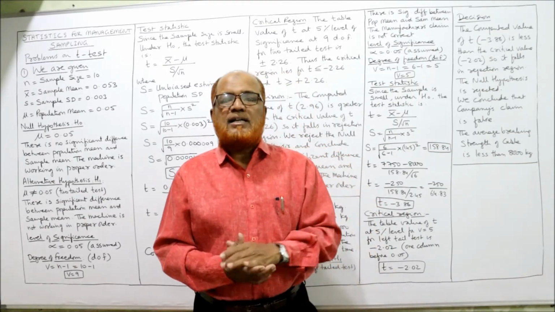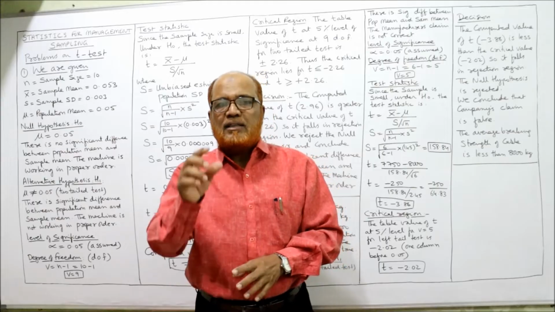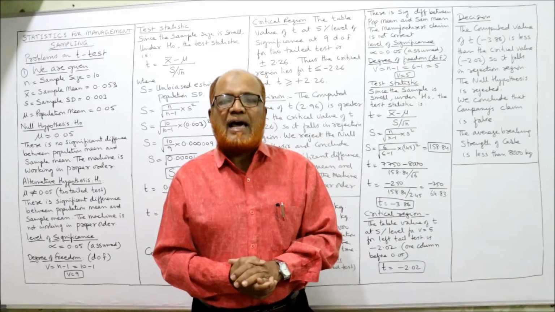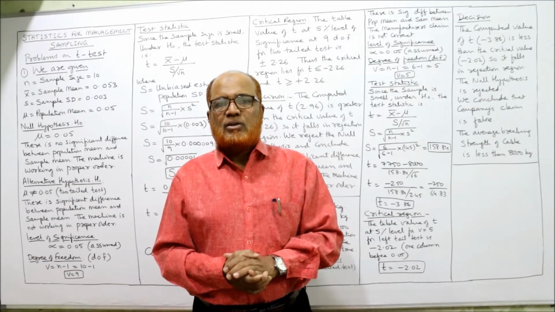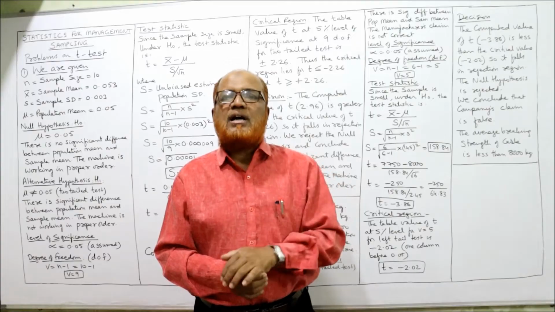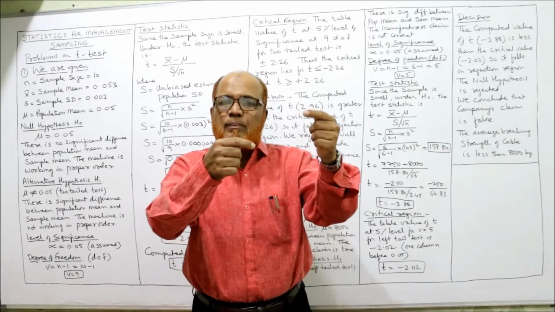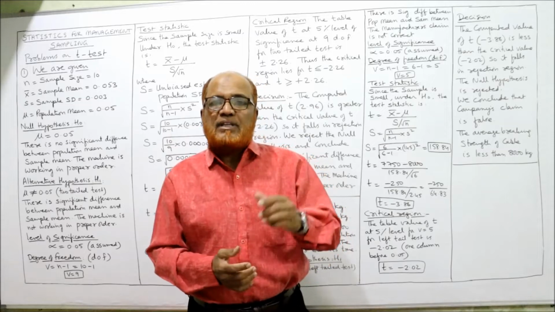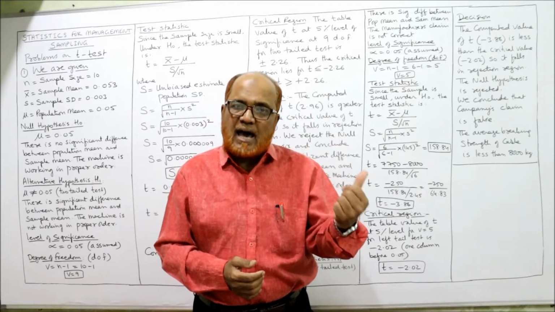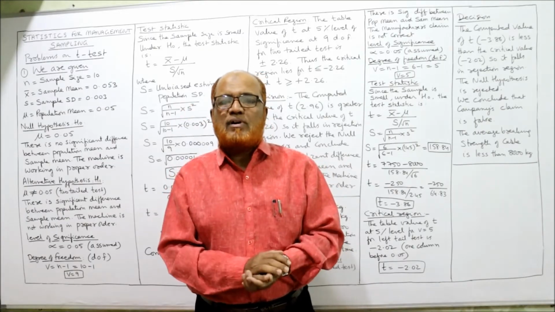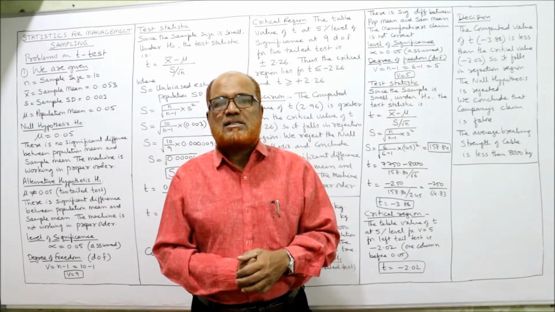We consult the area table and find the critical value of Z. In the third step we have the computed value, in the fourth step the critical value. Now compare the computed value of Z and the critical value of Z and give the decision whether the null hypothesis is accepted or rejected. These are the 5 steps we have already applied in Z test.